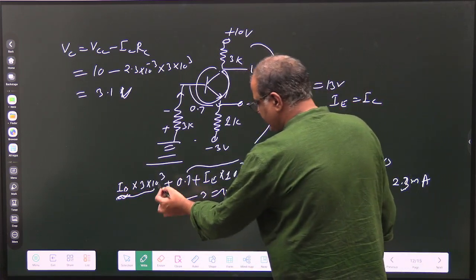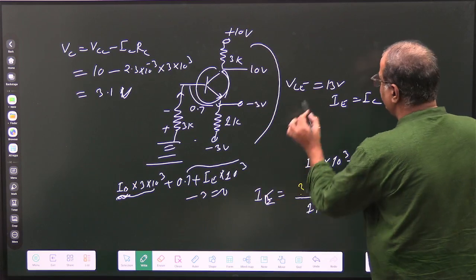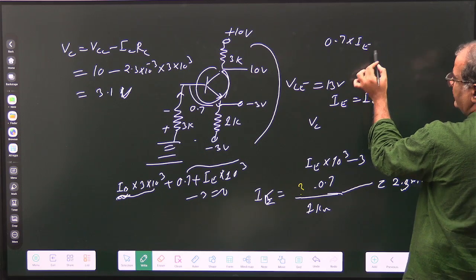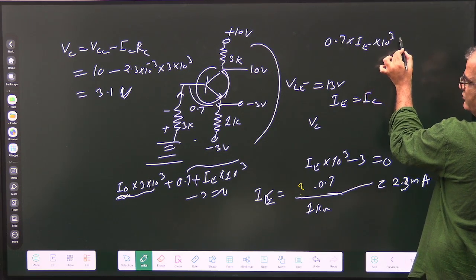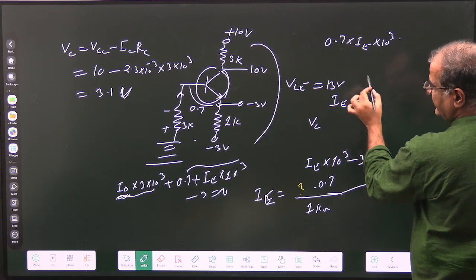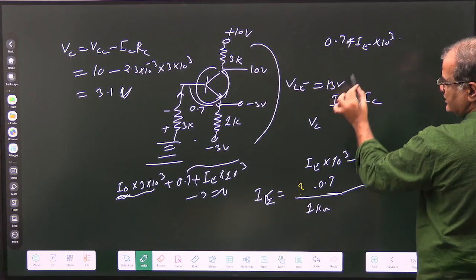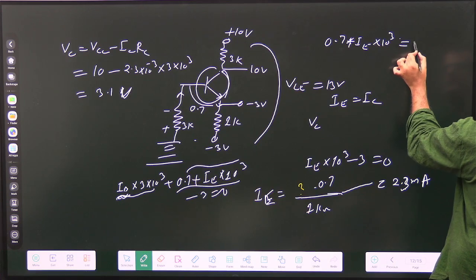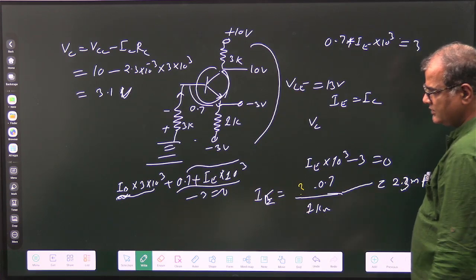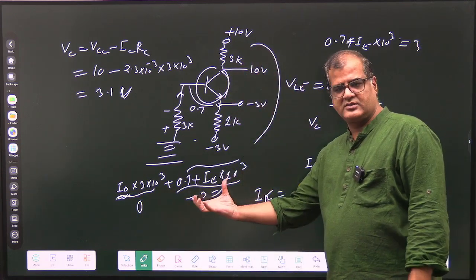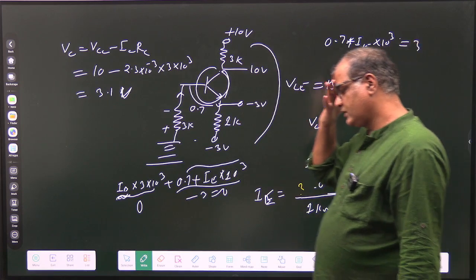So I can simply say 0.7 plus IE into this current, this part is equal to 3. This part IB is 0, so my equation is only this much, and by solving this one we can get the answer.